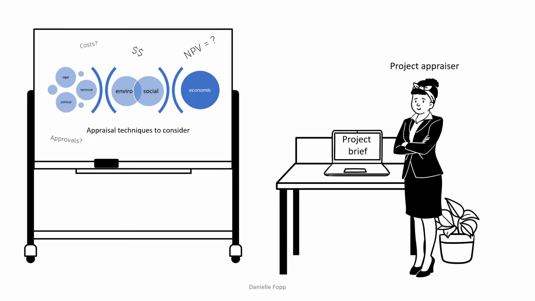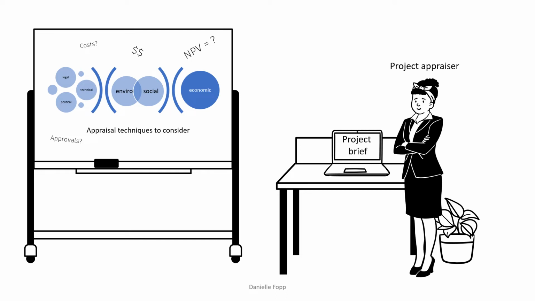This includes, as we said, NPV, political, environmental, approvals, and the project appraiser will then make recommendations based on these appraisal techniques for the client. The project appraiser or the project appraisal team do not make the decision themselves. So as a project appraiser, you make recommendations, but you do not decide if the construction project will proceed or not.